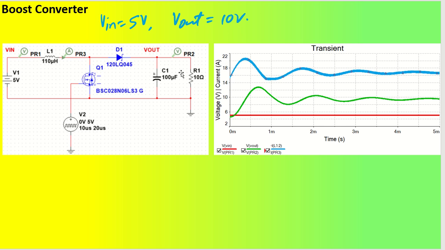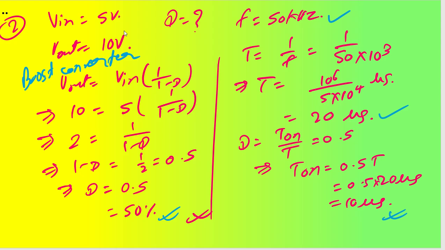How we have designed this circuit, the switching frequency and everything, we have given you the expression for, so you can take a screenshot and see it. Input voltage is 5, output voltage is 10. The frequency of operation is, let us say, 50 kilohertz. From there we calculated T equal to 20 microsecond by finding 1 by F. Understood?